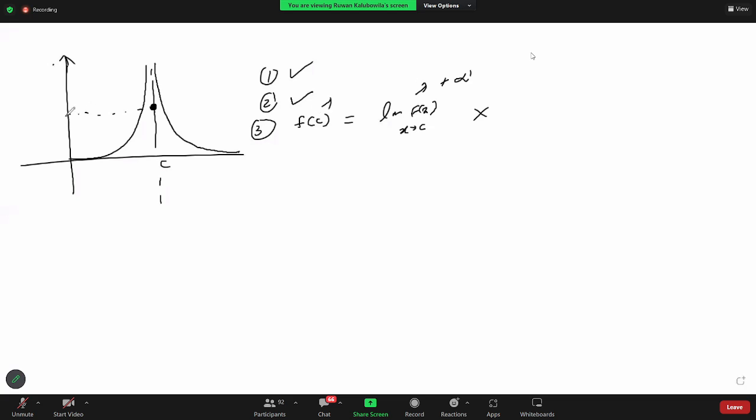This f(c) lies here, not at infinity, right? So these two are not equal. Therefore, that statement is not true.